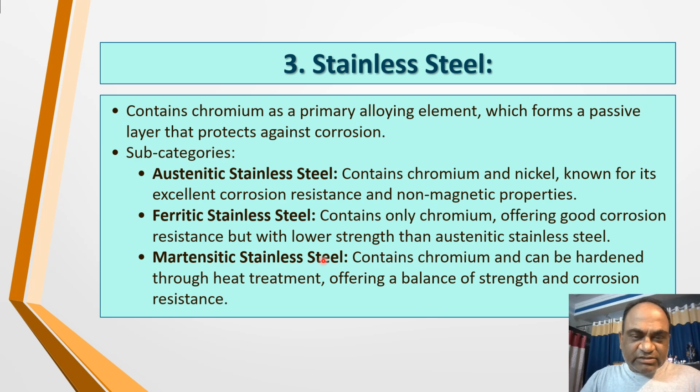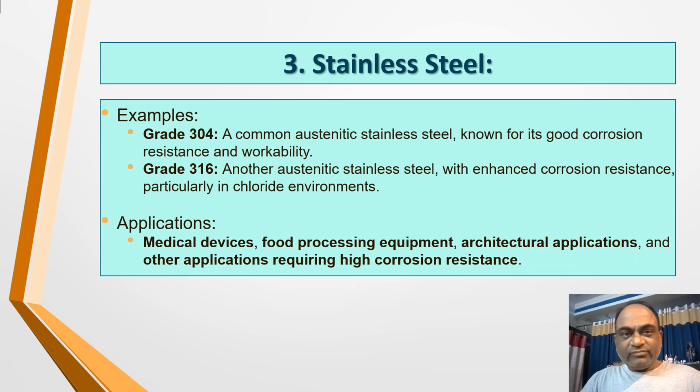Martensitic stainless steel contains chromium and can be hardened through heat treatment, offering a balance of strength and corrosion resistance. Stainless steel examples are grade 304, a common austenitic stainless steel known for its good corrosion resistance and workability.